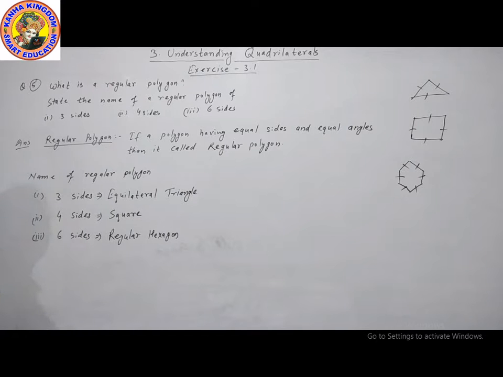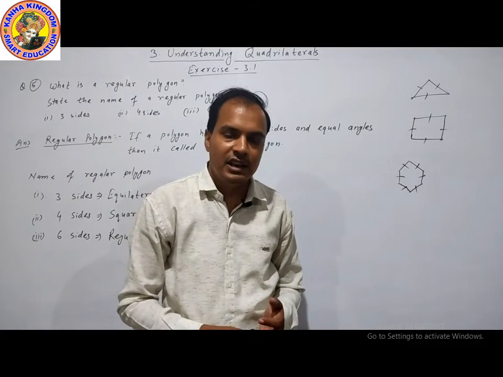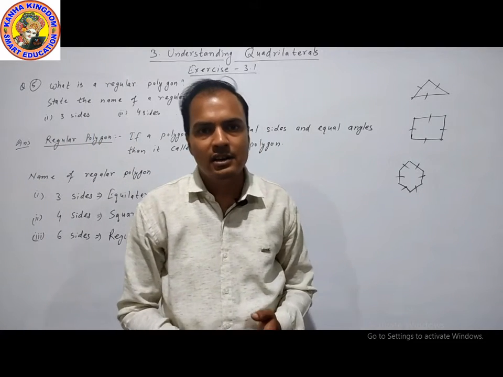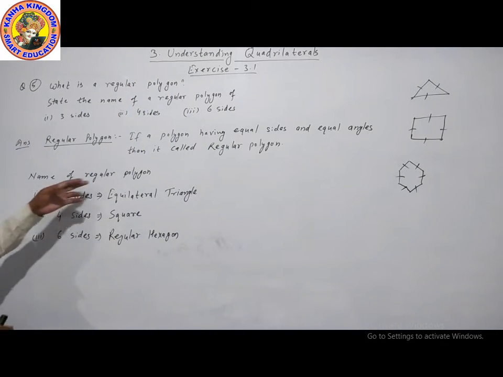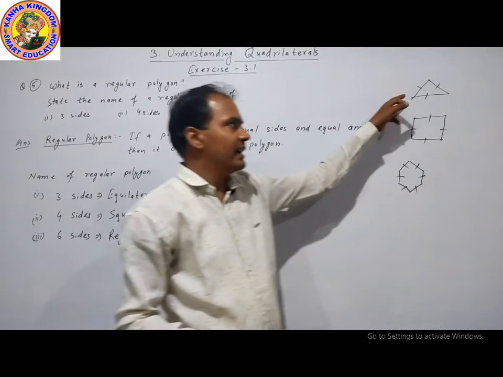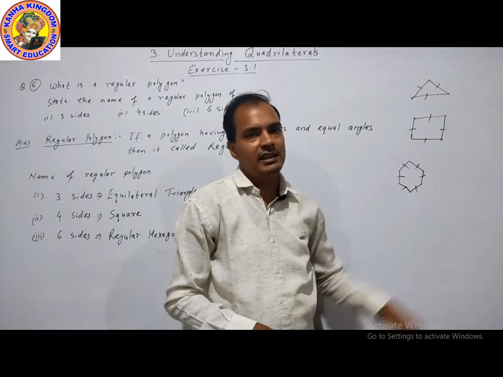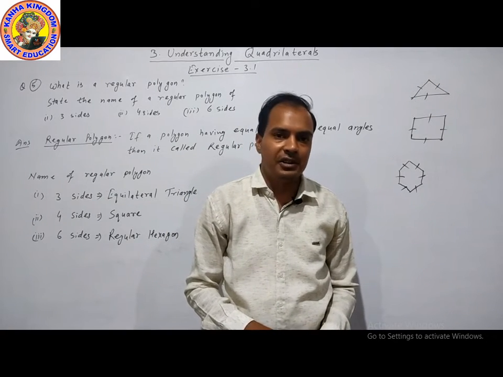Now let us take it from the beginning of this question. What is a regular polygon? If a polygon has all sides equal and all angles equal, it is called a regular polygon. Name of a regular polygon having 3 sides: if any polygon has 3 sides it is called a triangle, but if all sides and all angles are equal, the name is equilateral triangle.